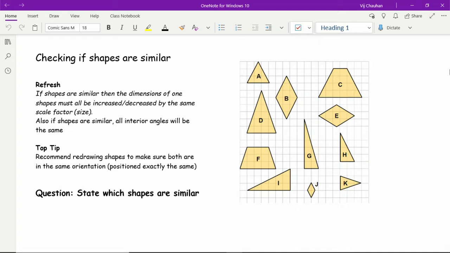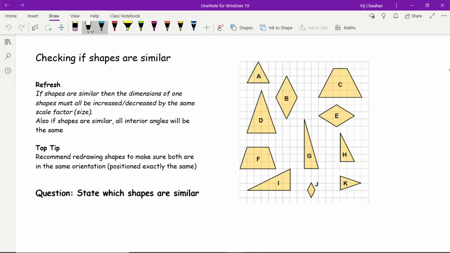As a quick refresh, which is worth noting in your notes: if shapes are similar, then the dimensions of one shape must all be increased or decreased by the same scale factor. Also, if shapes are similar, then the interior angles will always be the same.